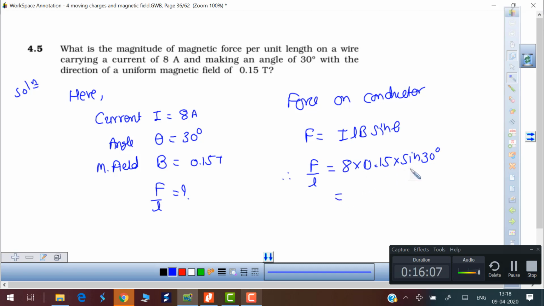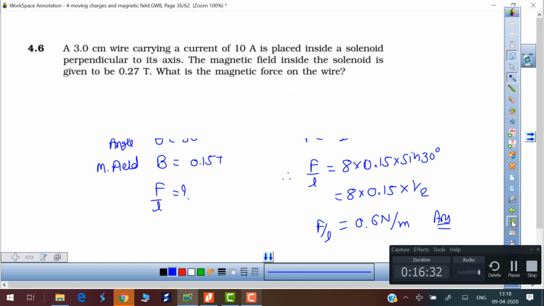So this is 8 into 0.15 into half. If you simplify it, then you will get 0.6 Newton per meter, because the question is force per unit length. So this is your answer. Okay, so this is your fifth question.